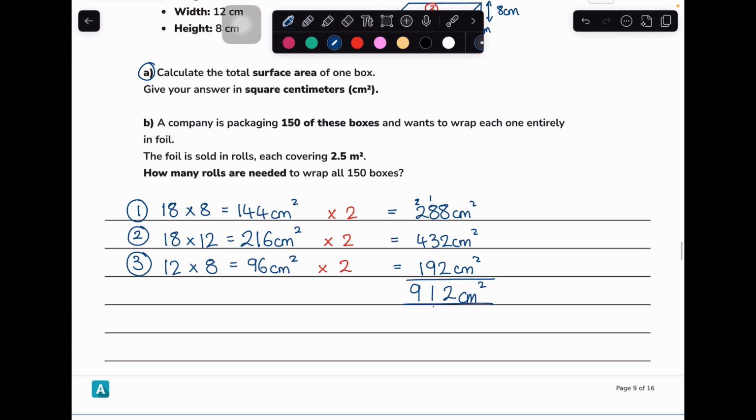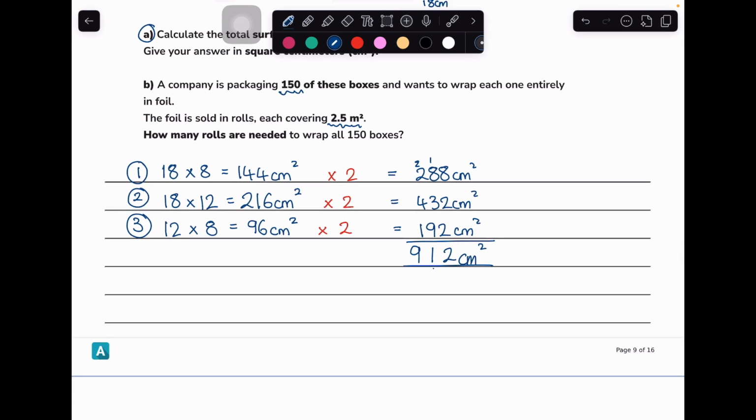Okay, so part B is asking, a company is packaging 150 of these boxes and wants to wrap each one entirely in foil. The foil is sold in rolls, each covering 2.5 meters squared. How many rolls are needed to wrap all 150 boxes? Okay, so first things first, I want to work out the total surface area of 150 boxes.